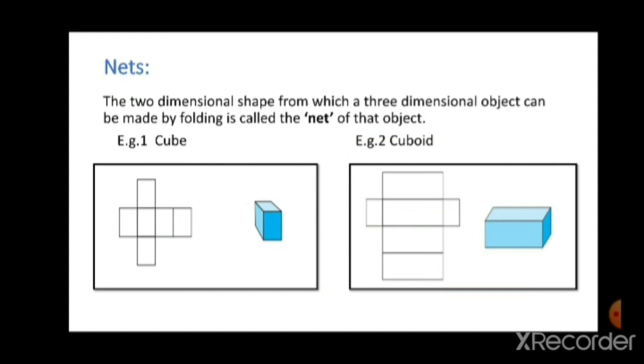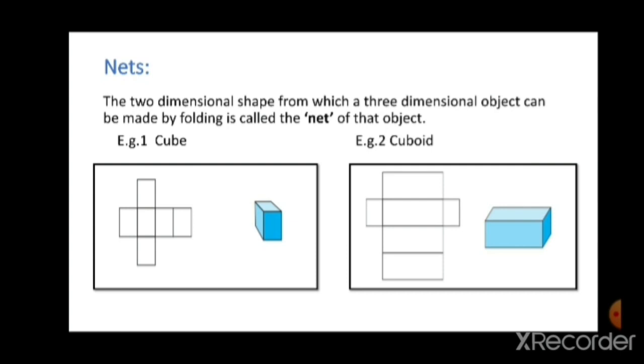Now have a look at the second example, that is the second diagram. Here they have shown you the net of 4 rectangles and 2 squares. So here we will get the 3D object as cuboid.